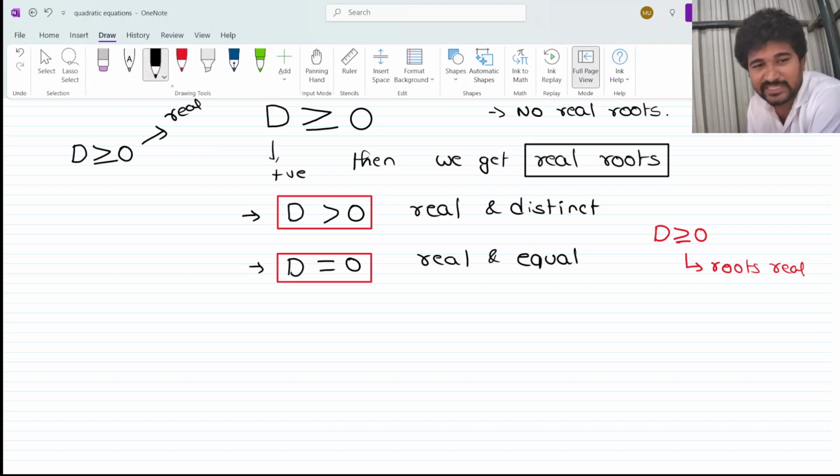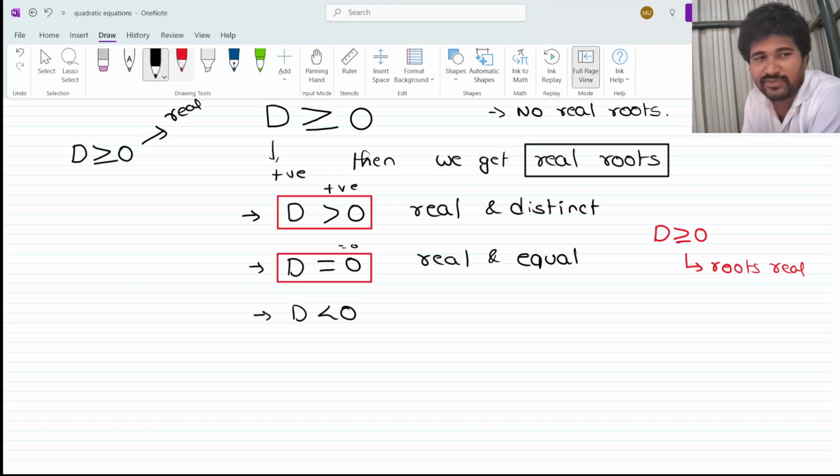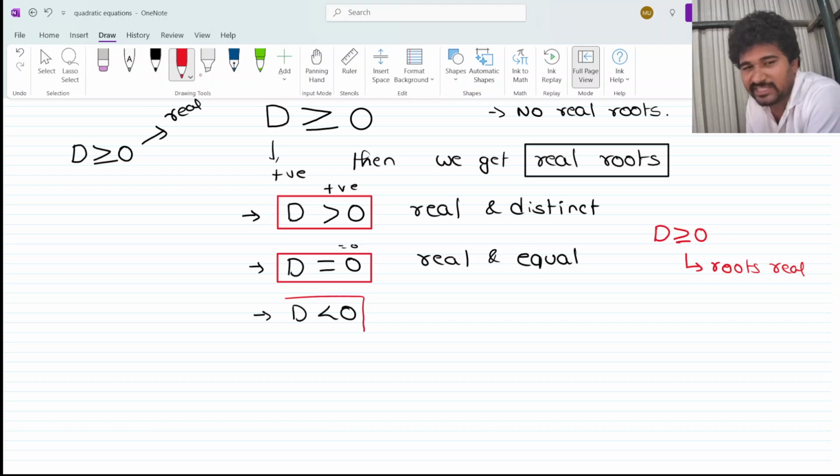Sir, then if d is less than 0, meaning d is negative. d is positive, equal to 0, negative. If d is less than 0, that means negative.